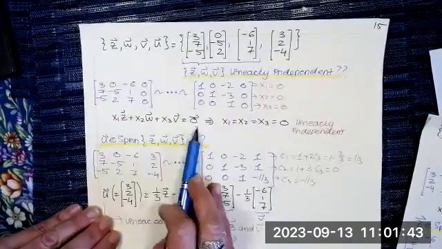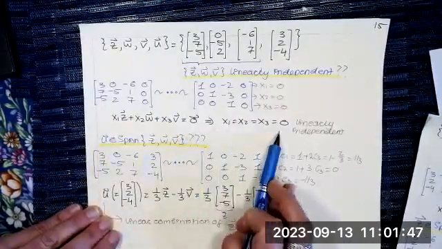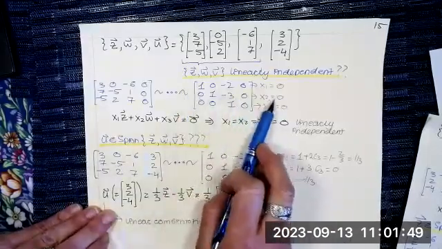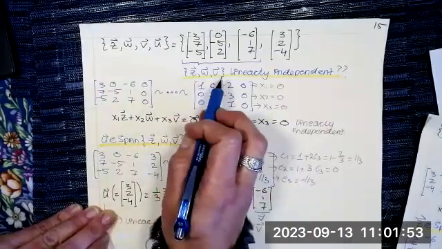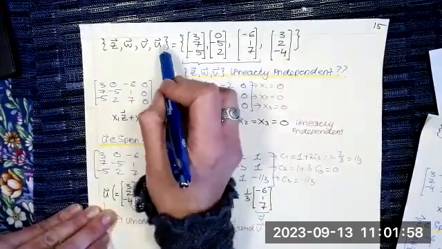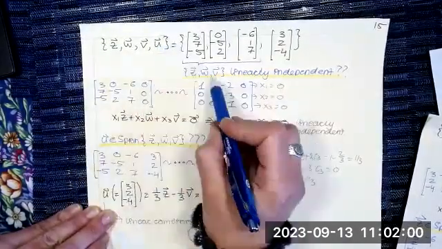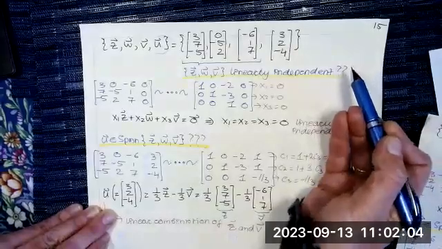If this vector equation equal to 0 has only the trivial solution, which it does, then my set of Z, W, and V is linearly independent. Then by adding U to the set Z, W, and V, I'm making my set linearly dependent.